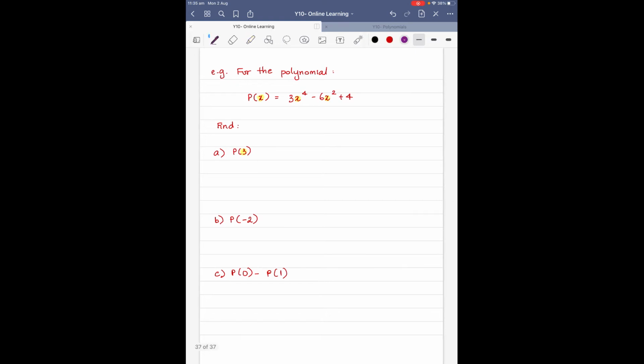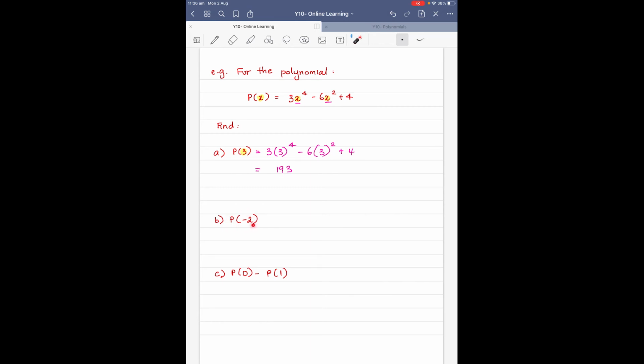So let's rewrite this. We're going to have 3, instead of having an x, we're going to have 3 to the power of 4 minus 6, instead of the x here, we're going to change it to the number 3 squared plus 4. Chuck it all into your calculator. You guys should end up with 193. That's pretty much it.